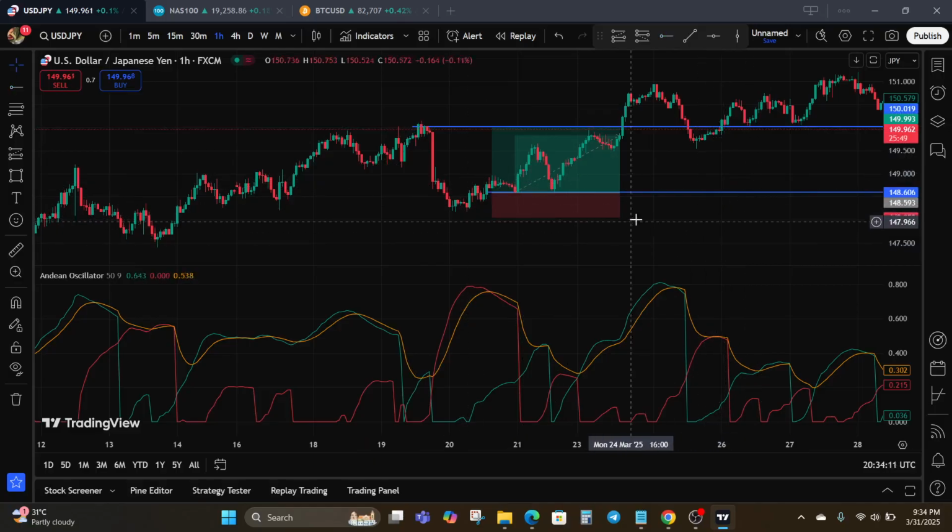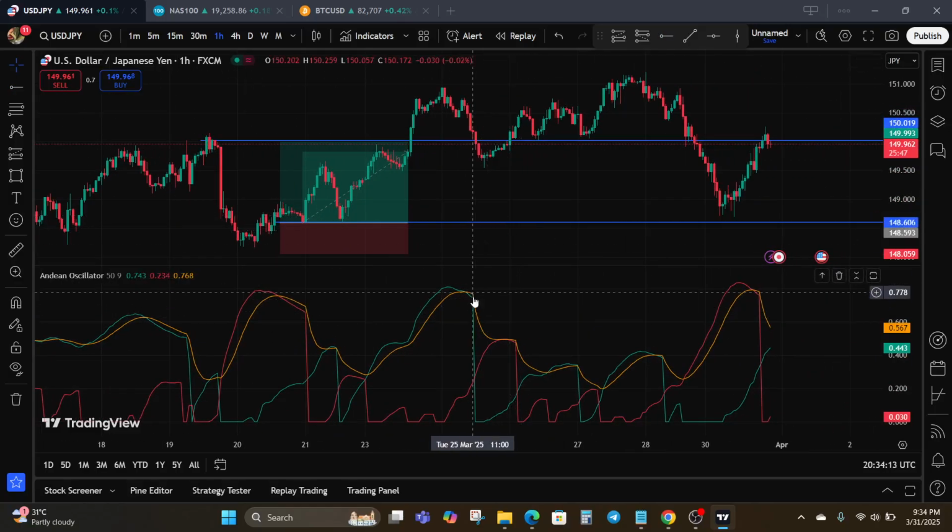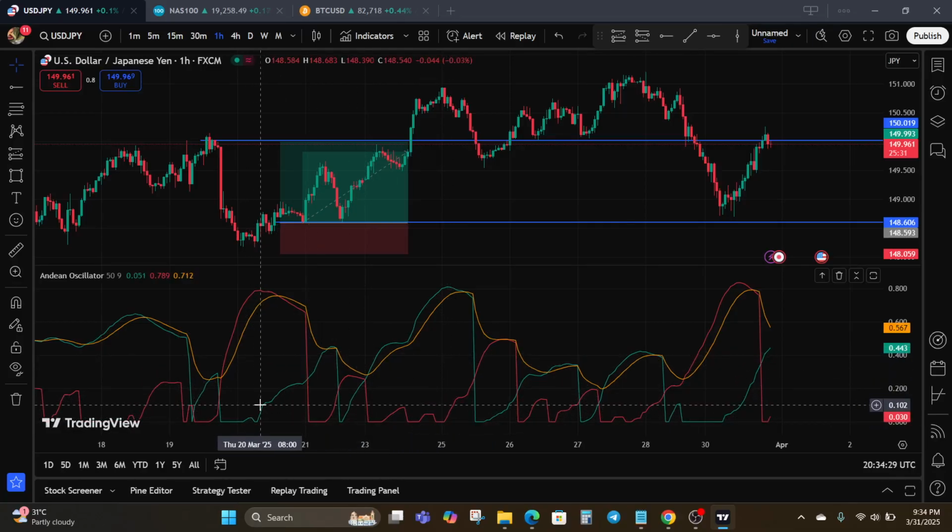It's quite easy. Now let's look at an example where the green was at the top, or the red at the bottom. When the green is at the bottom and trending upwards, it's a buy signal. But when the red is at the bottom and trending upward, it's a sell signal.